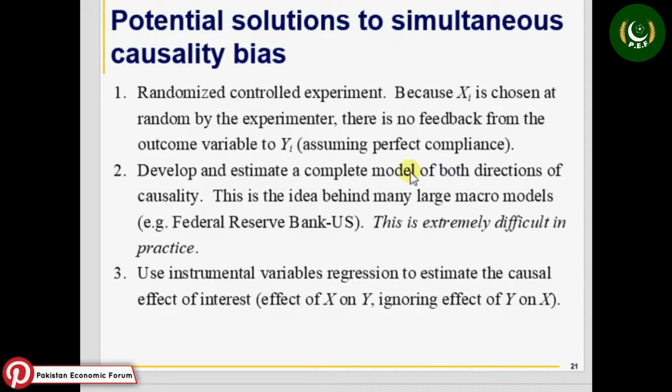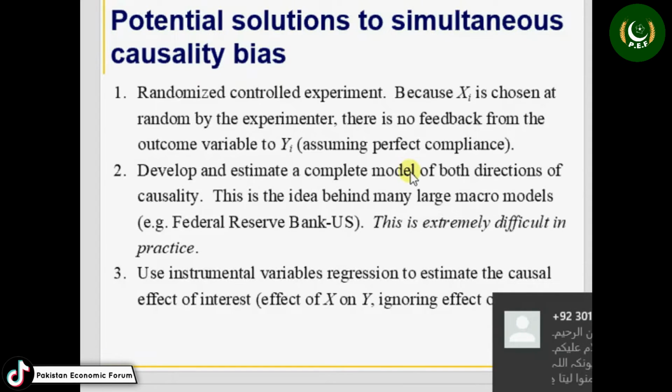Whether that central bank increases the interest rate or not, we cannot say that we have 15 central banks and 7 don't, 7 do. So we can't do that.